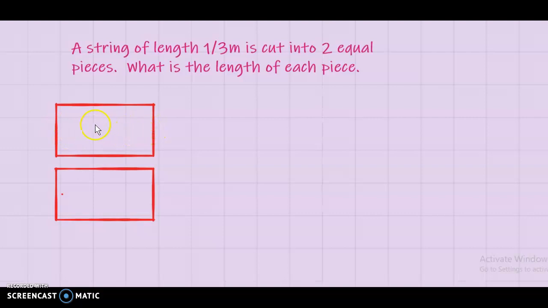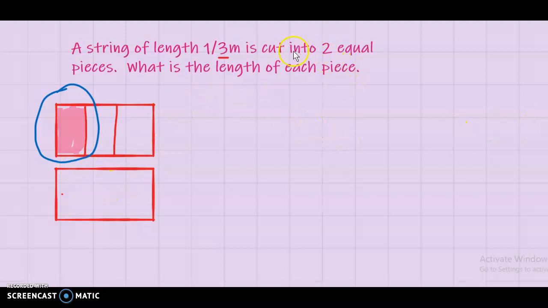Let's divide it into 3 equal parts because the fraction denominator tells me there are 3 equal parts. I'm going to shade in 1/3. That's 1/3 of this string.